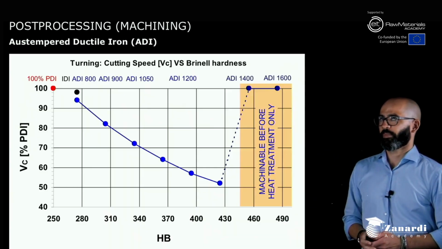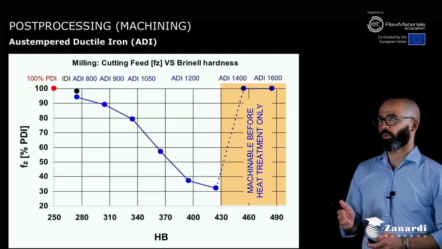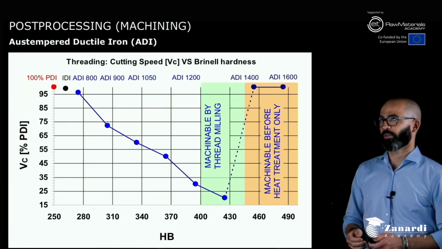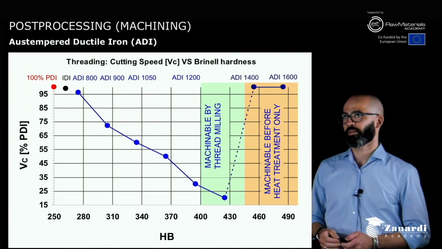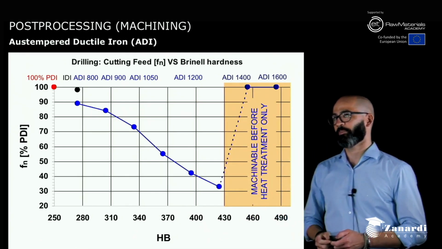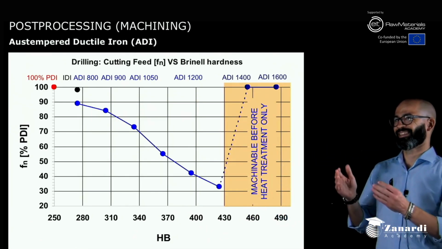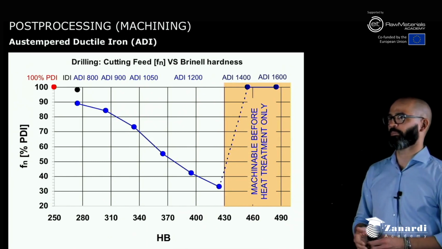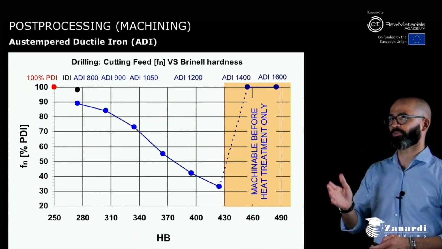By this diagram, the second one, the third one, and the last one, you can note, if you consider Perlitic material, our benchmark material, that the parameter we use for that kind of machining, for example, for the drilling, we use the cutting feed.